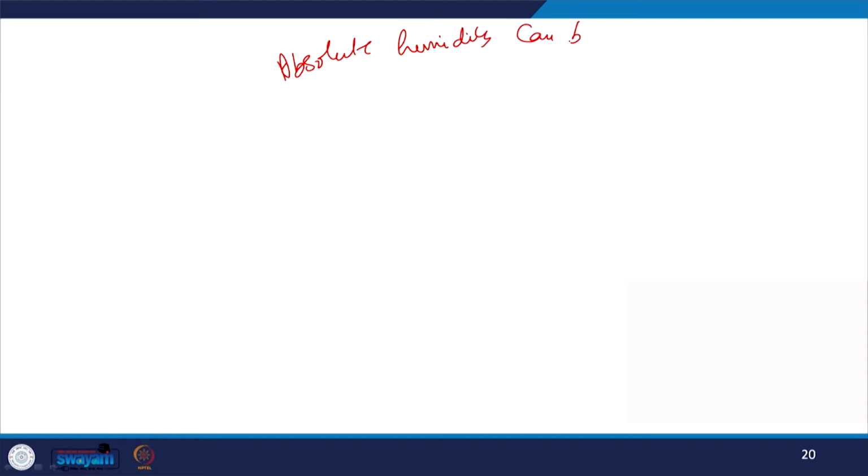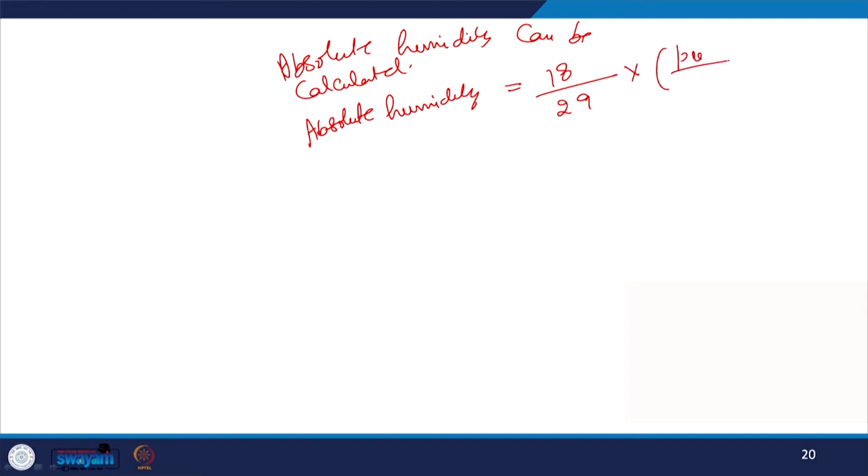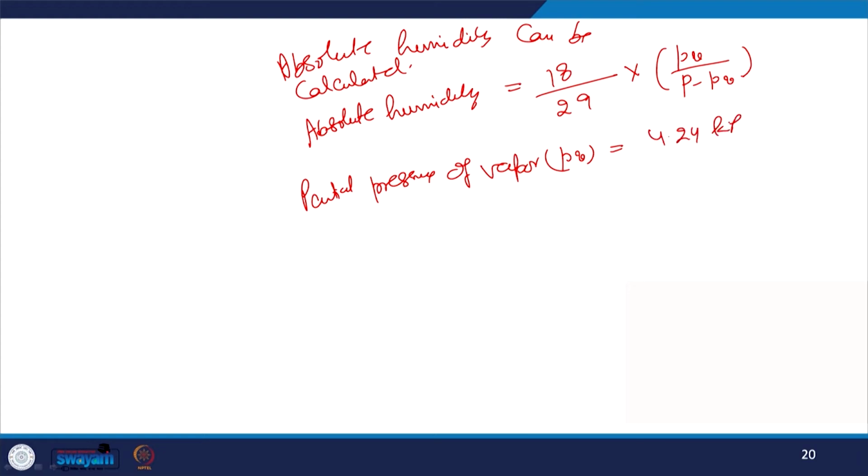Now you know that the absolute humidity can be calculated by this formula: absolute humidity equals 18 by 29 into PV upon P minus PV. Here in this particular problem, the partial pressure of vapor, that is PV, is 4.24 kilopascal.